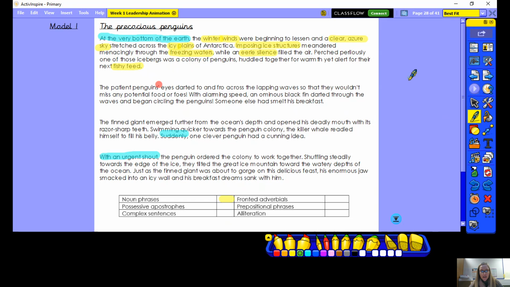Okay, let's see what we can find here. So if you look here in the sentence, with alarming speed, an ominous black fin darted through the waves. So we've got the word through here.